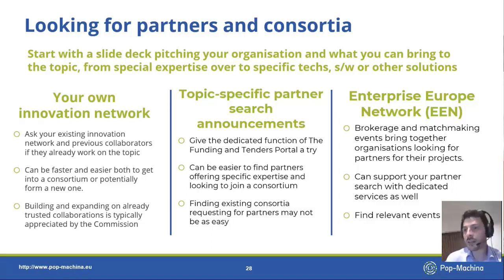Quite a big title, but in essence, under each topic, you will more or less find organizations that are either looking for some specific expertise to draw into their own consortium, or you will find partners that are offering some kind of expertise or solution that are looking for consortia. So you can definitely use that function, and you should definitely, in fact, if you don't have an innovation network.